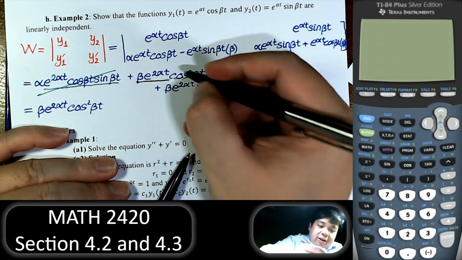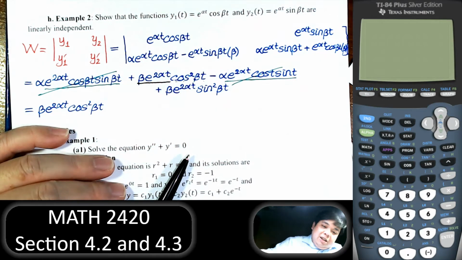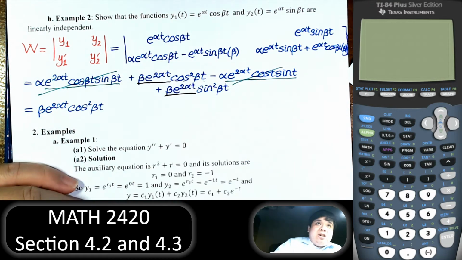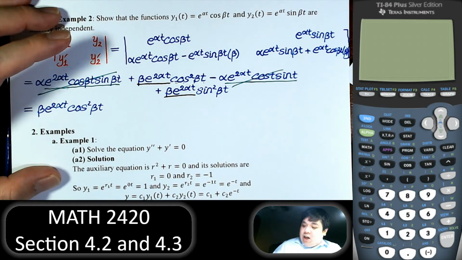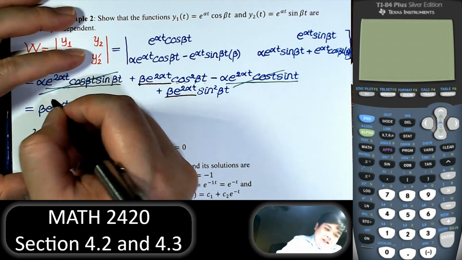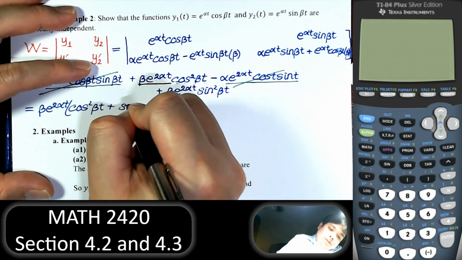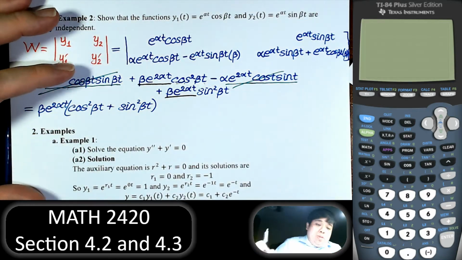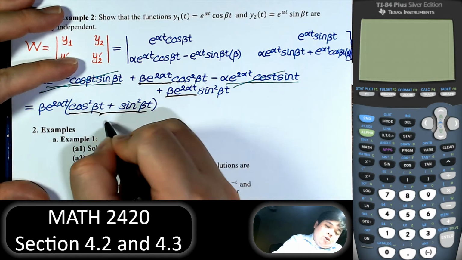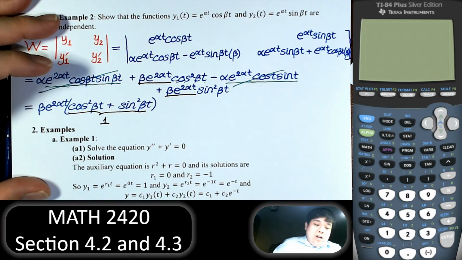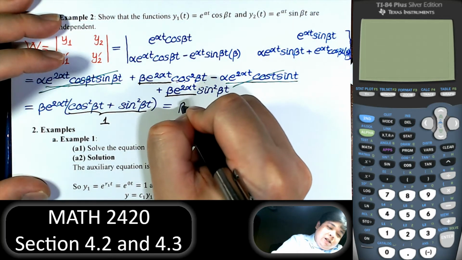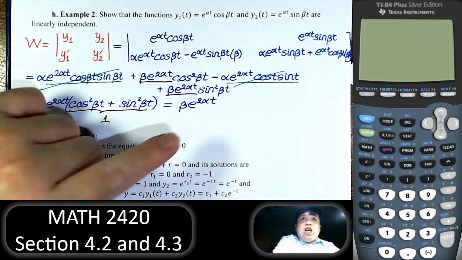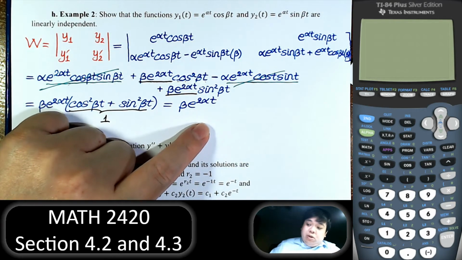So both of them have beta e to the 2 alpha t factored out. Then we have cosine square plus sine square in the parentheses. And of course, Pythagorean identity, cosine square plus sine square is 1. So that's why we just have beta e to alpha t. Once again, exponential function is not equal to 0.